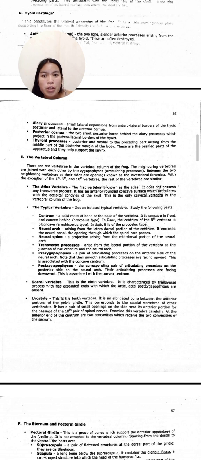Posterior cornua, the two short posterior horns behind the alari process. Then anterior process is posterior and medial to the preceding part, arising from the middle part of the posterior.